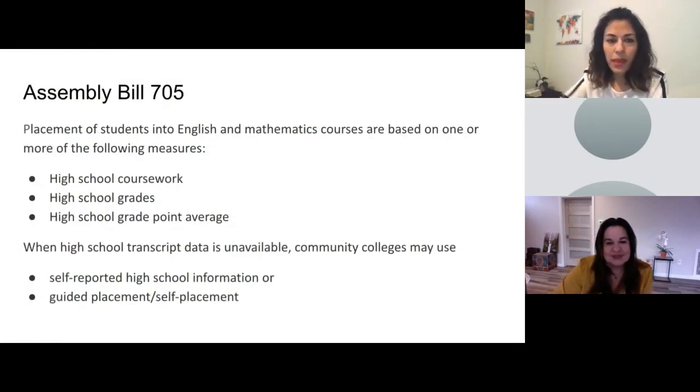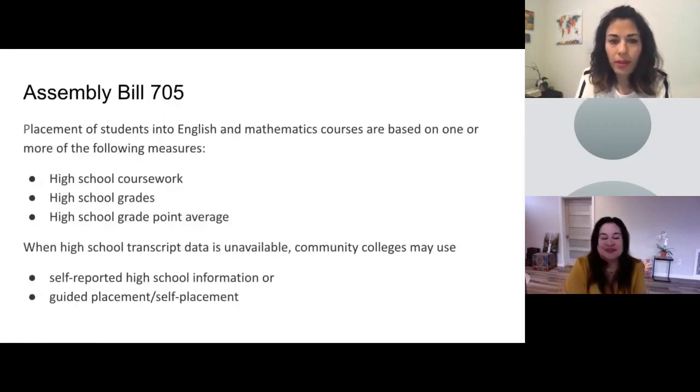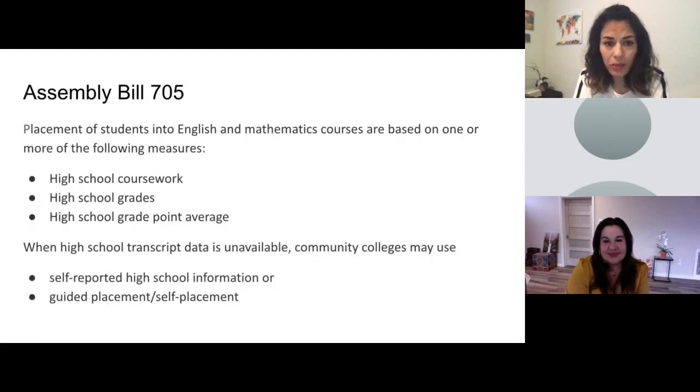For those of you who may not be familiar with Assembly Bill 705, commonly referred to as AB 705, this came into effect in January 2017. It's a state law that prohibits the use of placement tests, and that came from an equity lens.